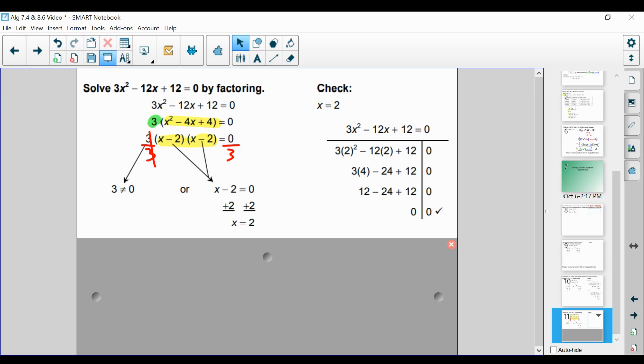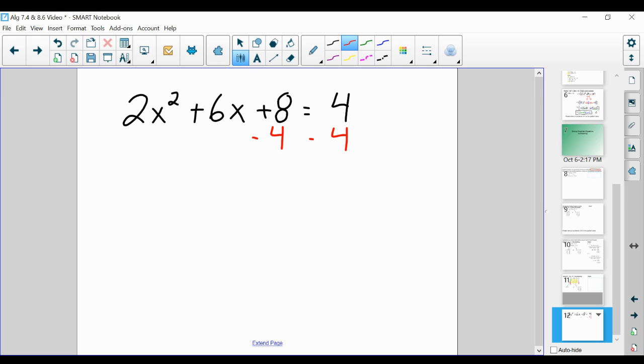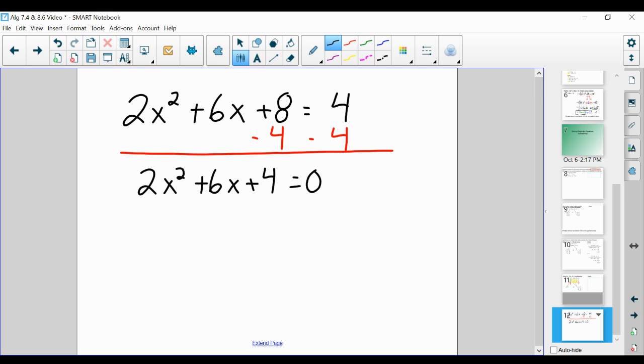Before we go to our guided notes, I want to just pull up another general idea. Let's say we have 2x squared plus 6x plus 8 is equal to 4. We can't solve this just yet. In order for us to solve it, we have to have it equal to 0. So now we're going to end up with 2x squared plus 6x plus 4 is equal to 0. Now we can factor.